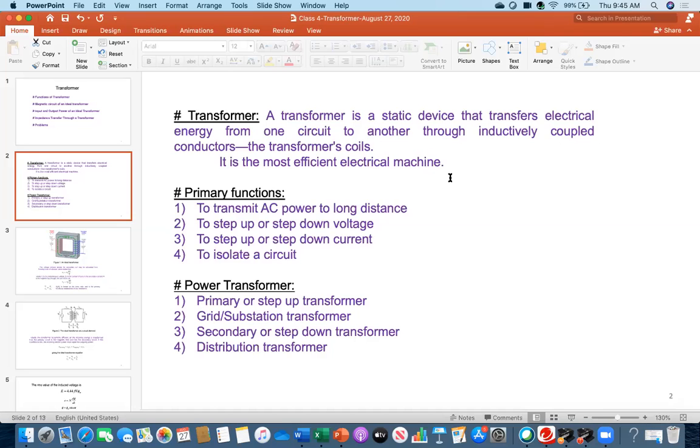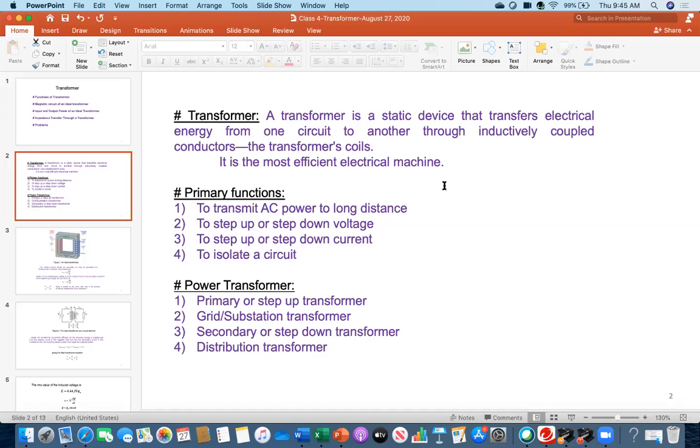You might be asked this question, for example, in a job interview or in the FE exam: what is the most efficient electrical device or component? That's the transformer.